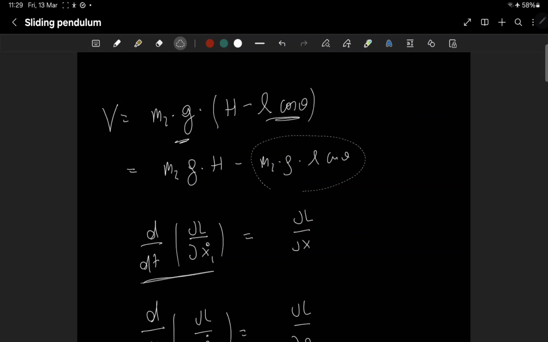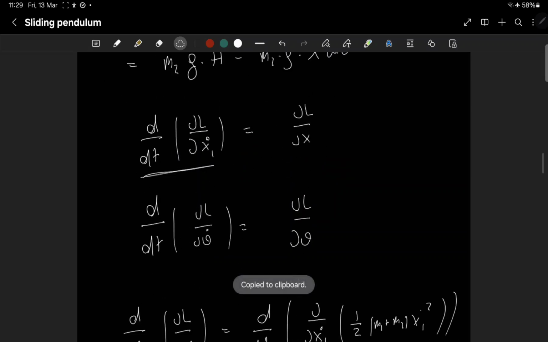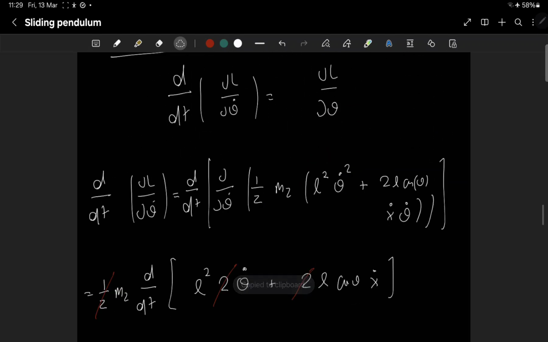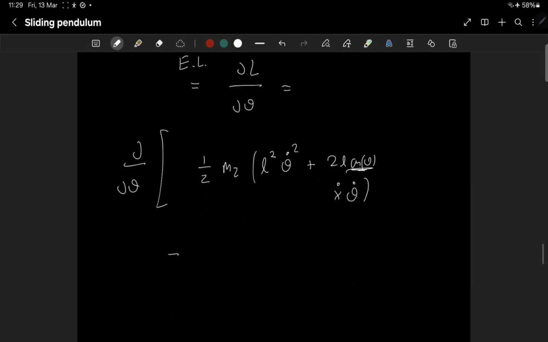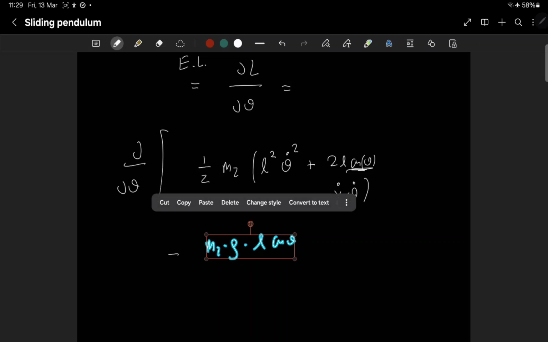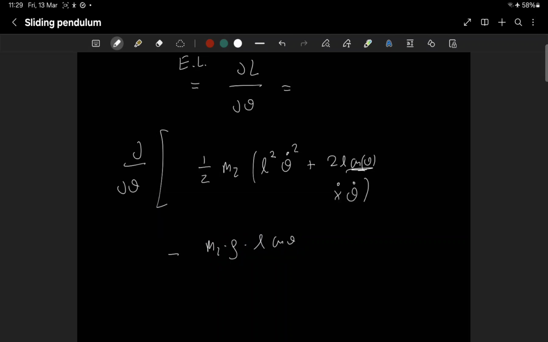Well, you can take away the minus, because this becomes mgl cosine theta, and that becomes a plus because we took the minus over there, and that's it.